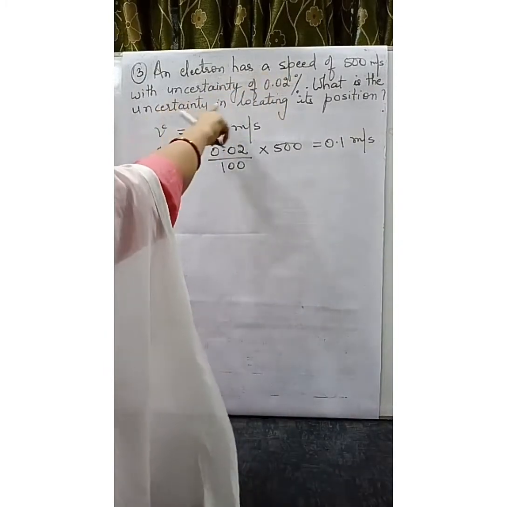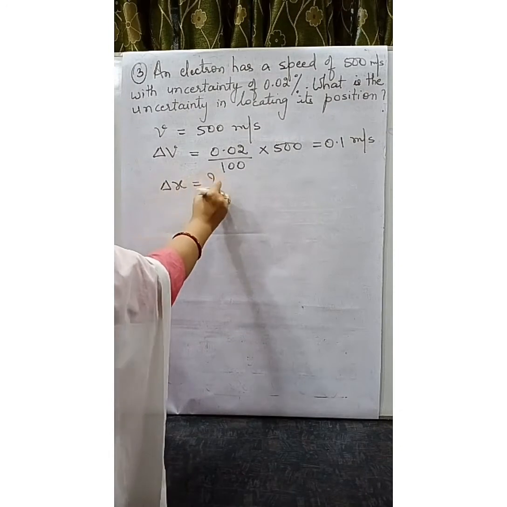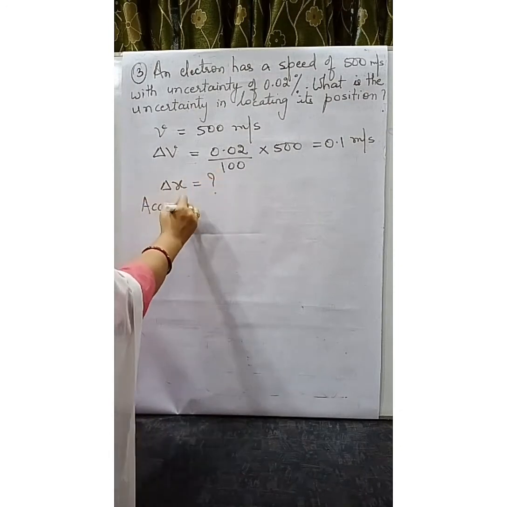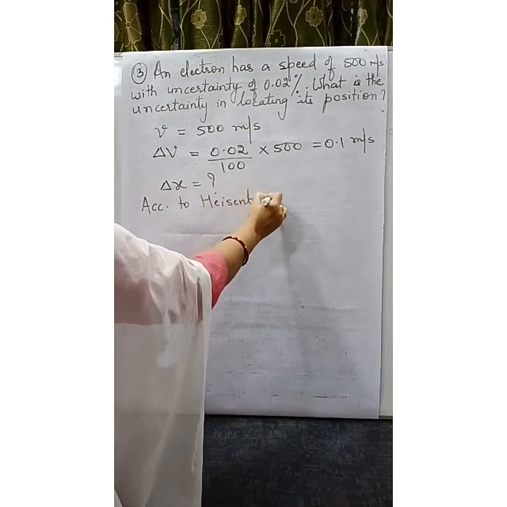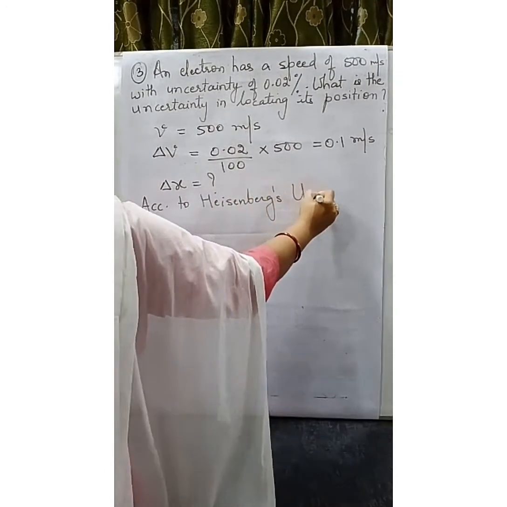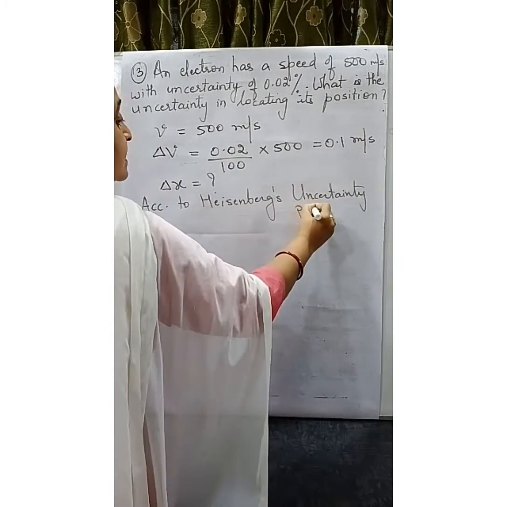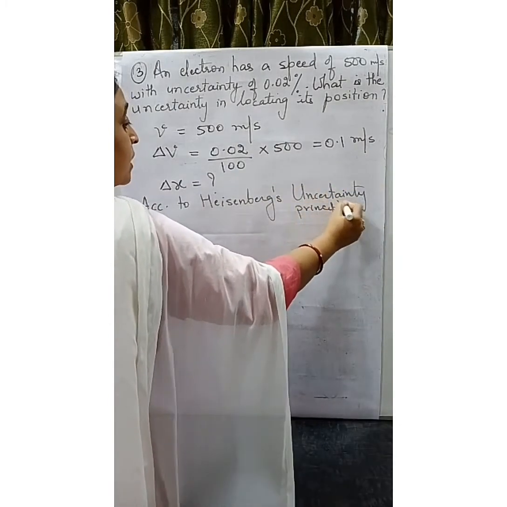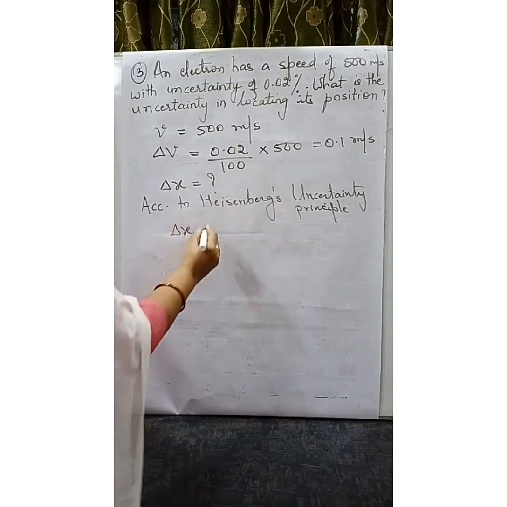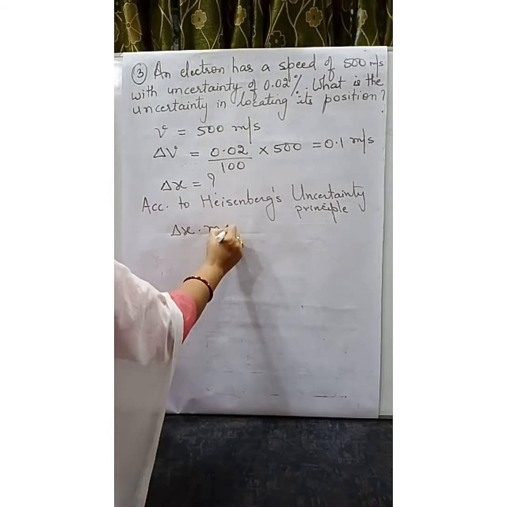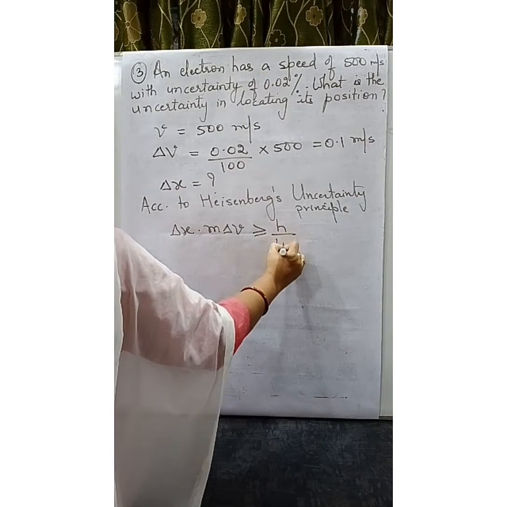Now, what is the uncertainty in its position? So delta x you need to find out. According to Heisenberg's uncertainty principle, we have this expression: delta x into delta p, which is m delta v, is greater than or equal to h upon 4 pi.